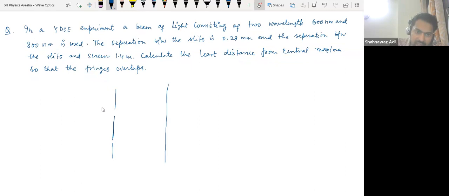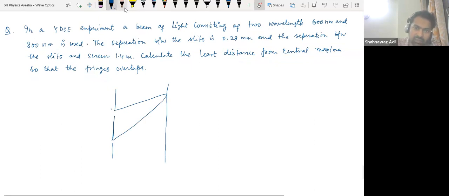One wavelength is coming here, and the other wavelength is going there.